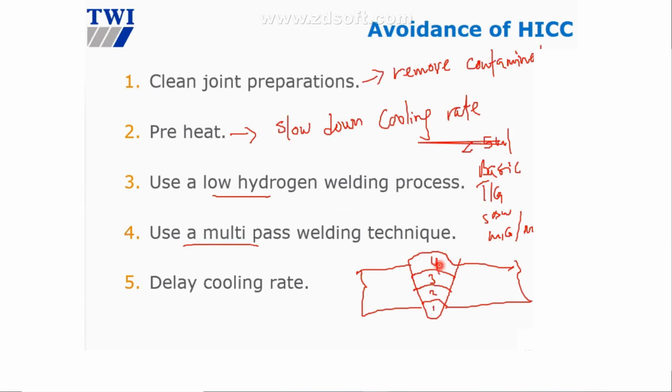So the top layer reheat treats the bottom layer. Then any residual hydrogen inside the bottom layer will escape. If we put another layer, any remaining hydrogen will escape. So that's a good thing about having multi-layer, to remove the hydrogen.